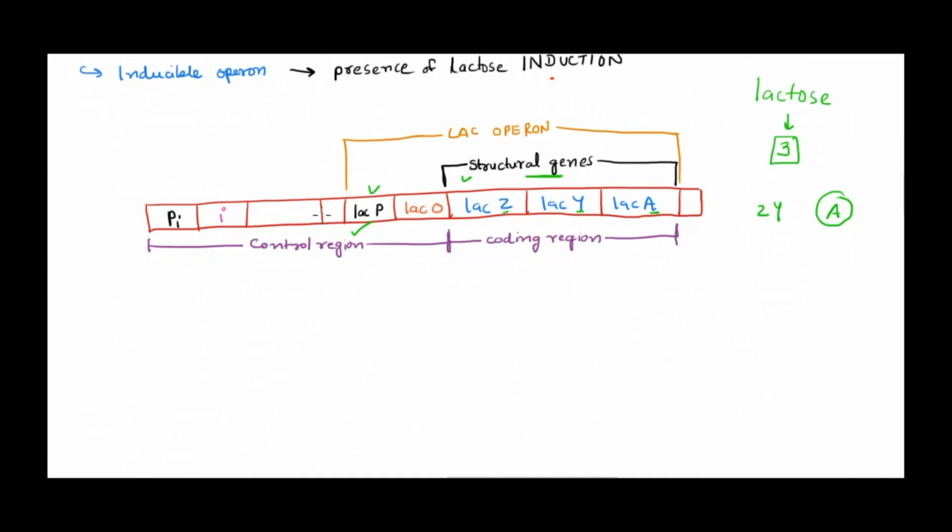Now it's a type of system that has to be regulated, right? It needs to inhibit the transcription of these genes in the absence of lactose. So there has to be some inhibitory gene that causes the inhibition. That is the portion called LacI. You can remember that I stands for inhibition.